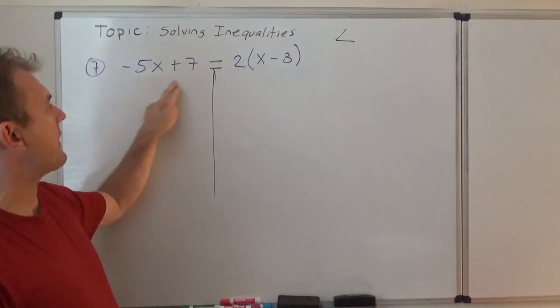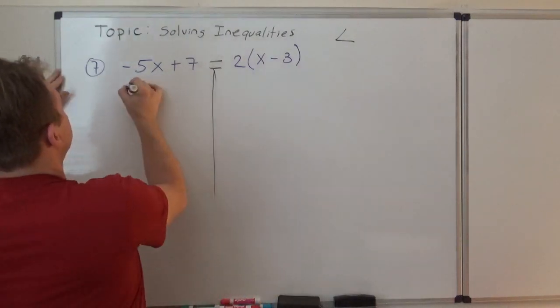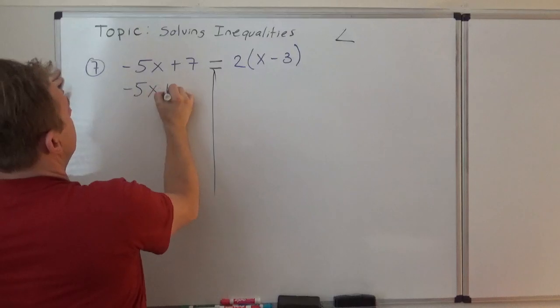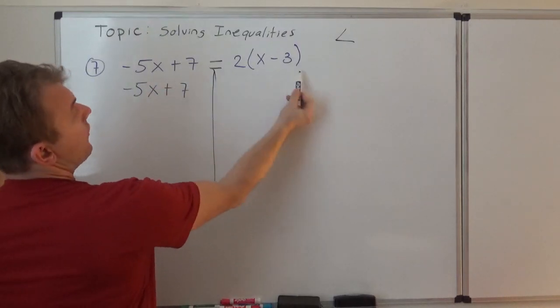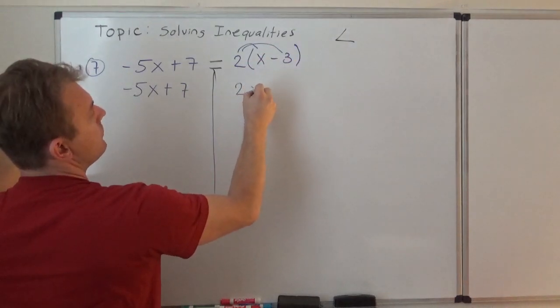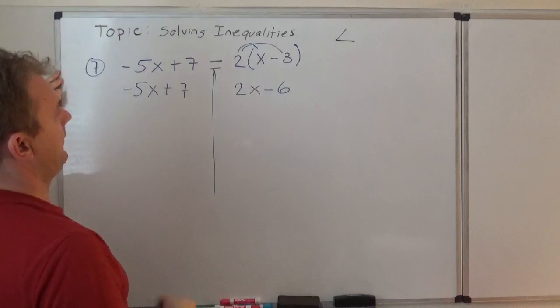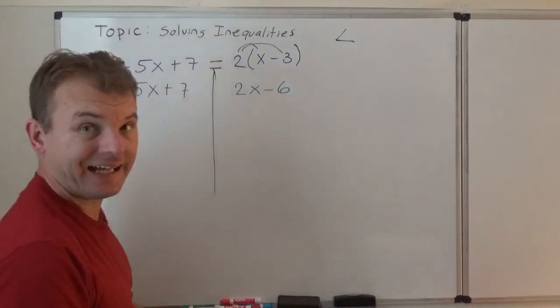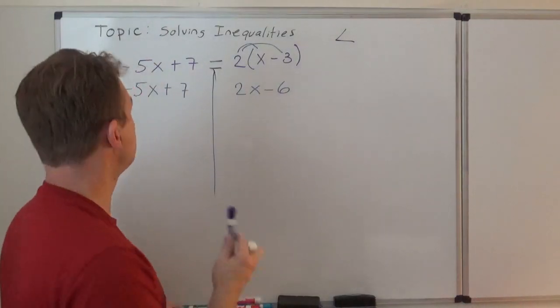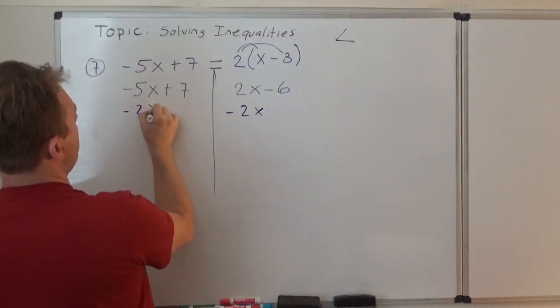I can't do anything over here, so I'm just going to rewrite it. Can I do anything over here? Well, I can distribute. So I have 2x minus 6. Now what? Get the x's to both sides. So subtract 2x, subtract 2x.